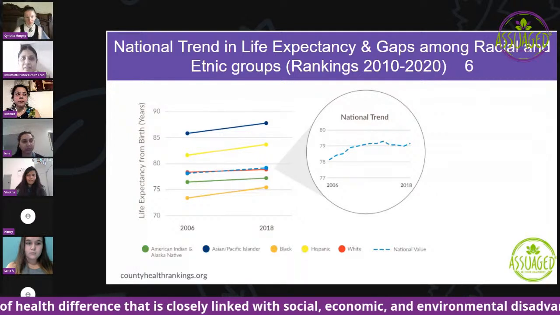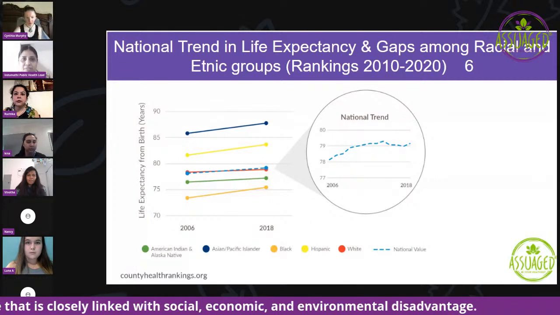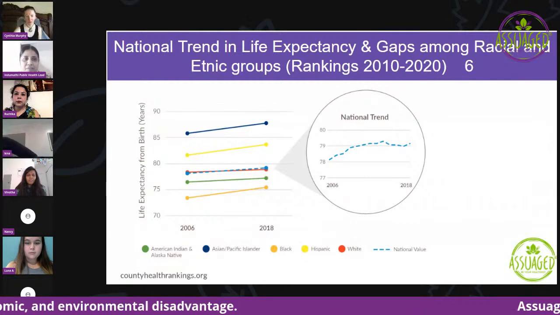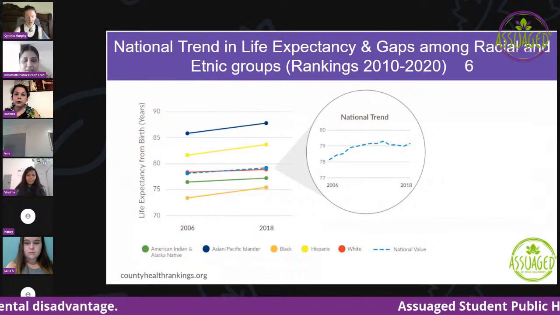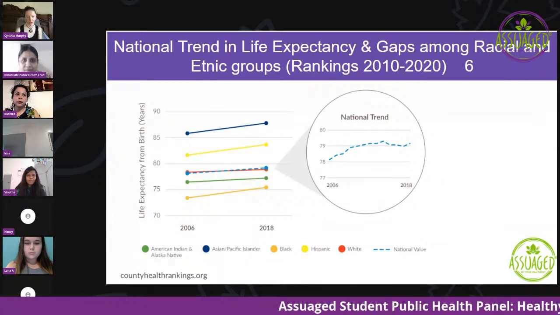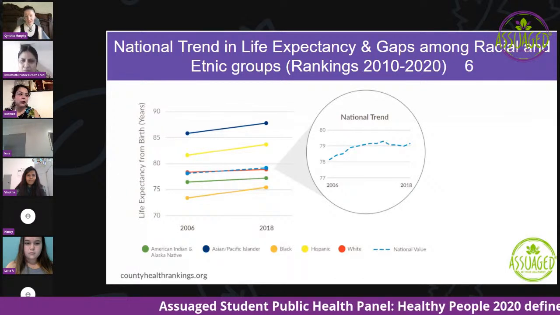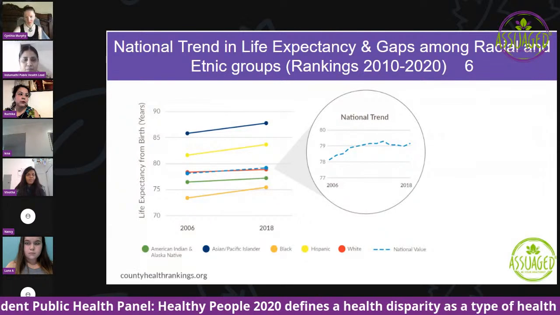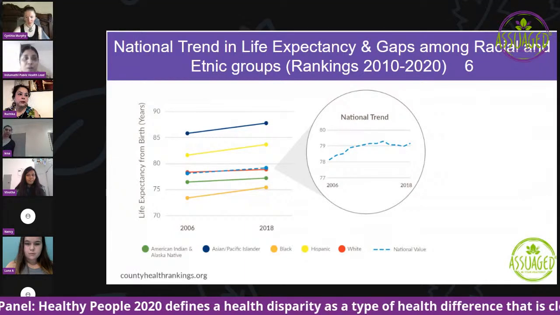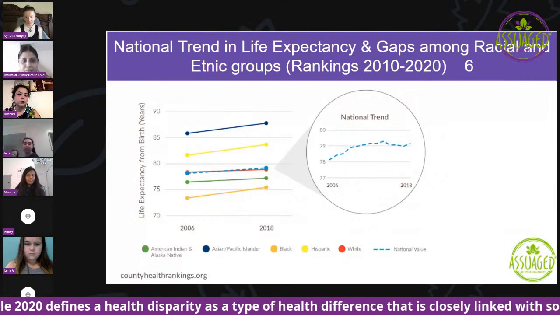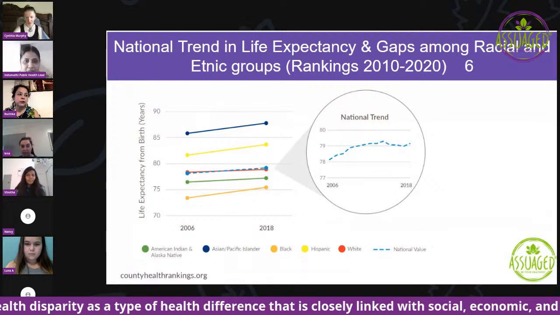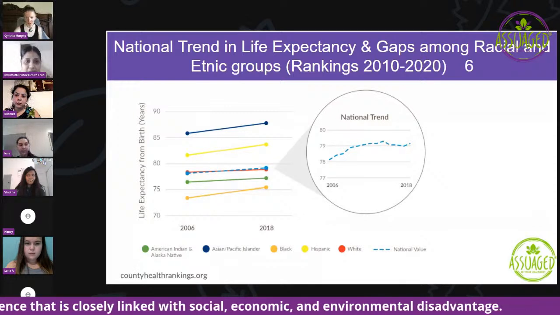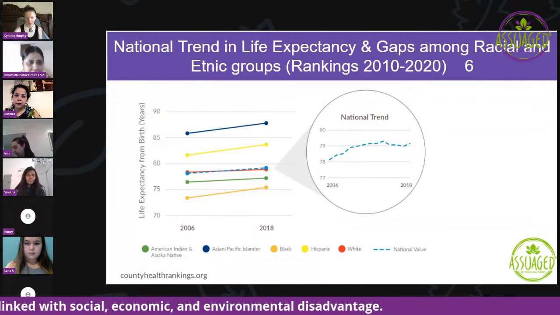When we check the life expectancy from 2006 to 2018, the rankings are from 2010 to 2020, but we have the figures from 2006 to 2018, which say there is an increase in life expectancy from 78 to 79. But when we look, it's not the same across all the ethnic and racial groups. The national value, the dotted blue line, is averaging around 76 to 78.